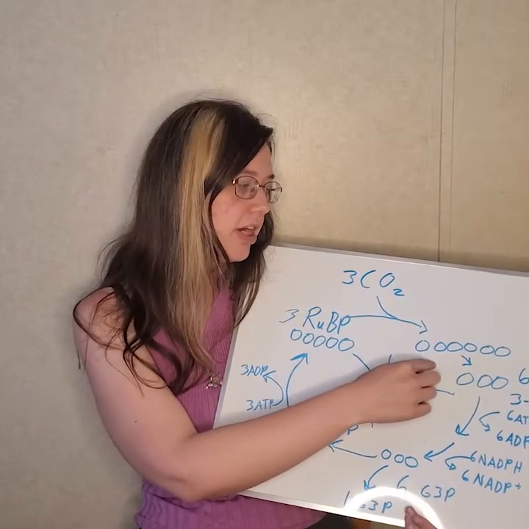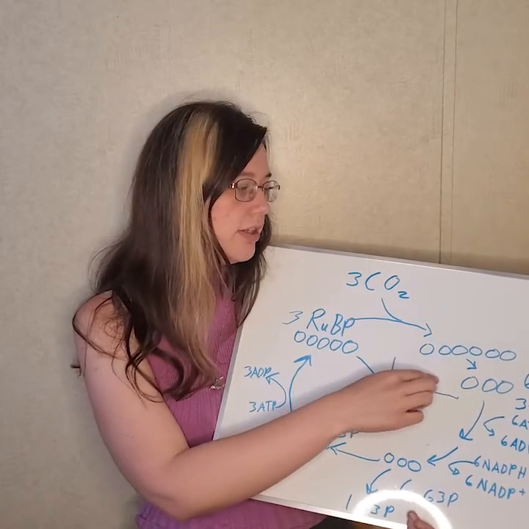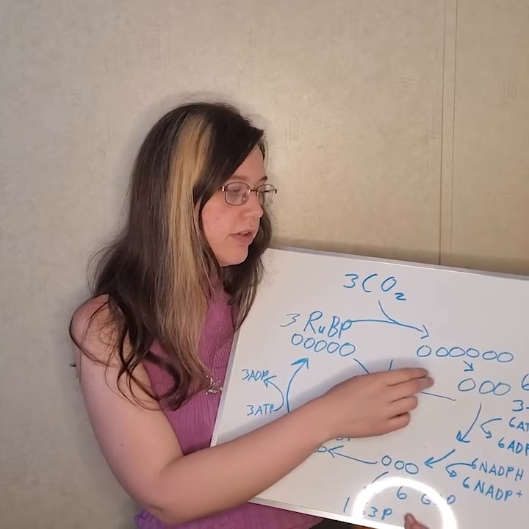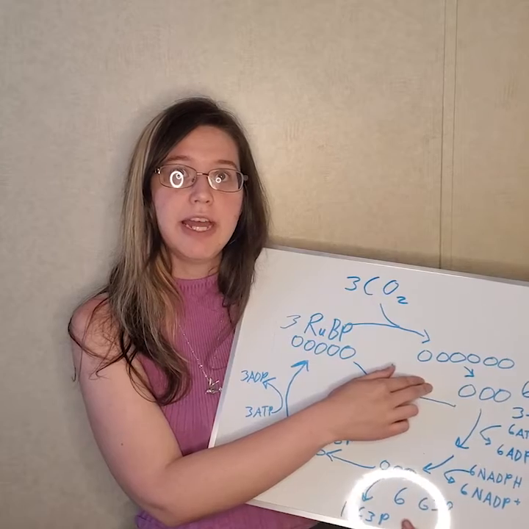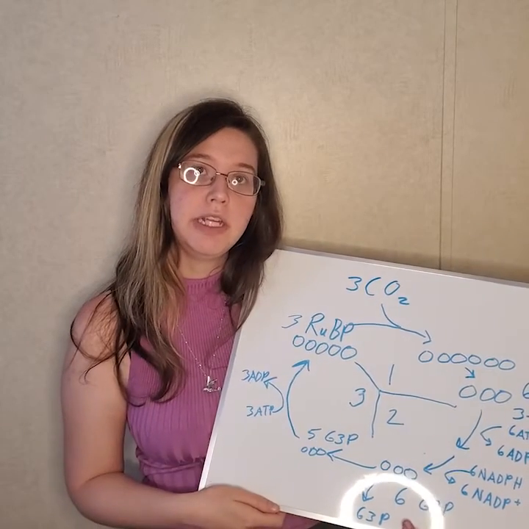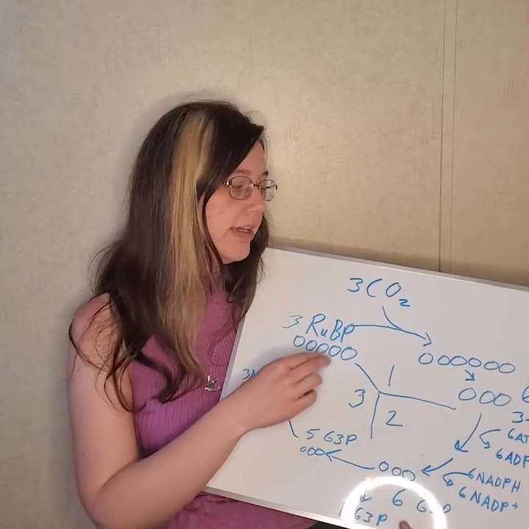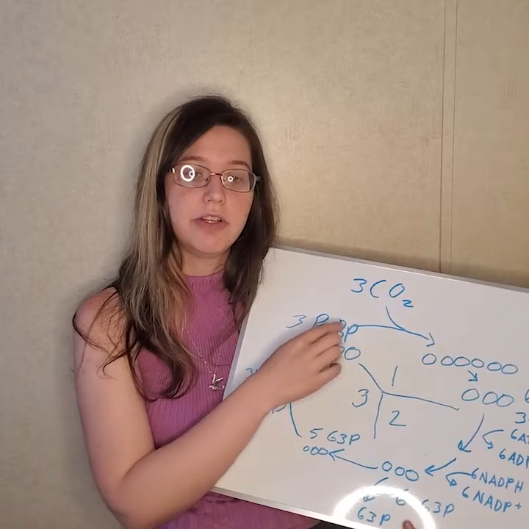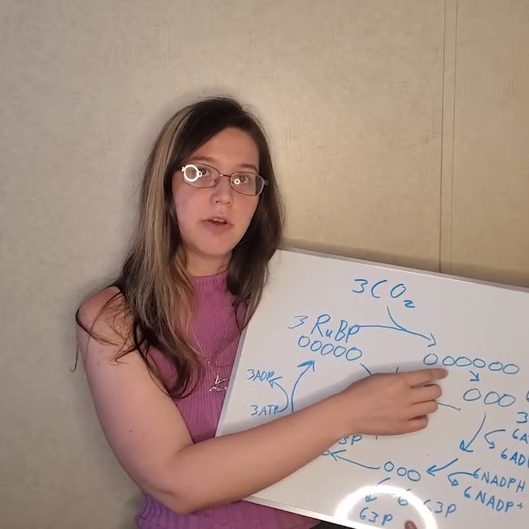It forms a 6-carbon molecule that quickly gets broken down into 6 3-carbon molecules. So we end up with 6 3-carbon molecules of a molecule called 3-PGA. The enzyme that converts RuBP into 3-PGA is called Rubisco.